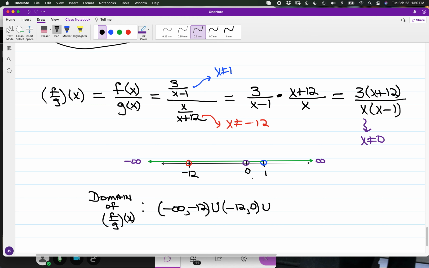In the next interval, we have those values between 0 and 1, but not including 0 or 1. And rounding out the rest, you're going to have those values of x that will be greater than 1.